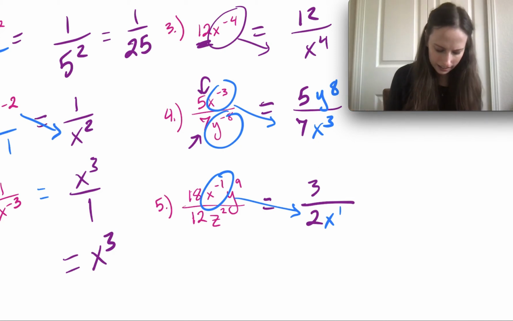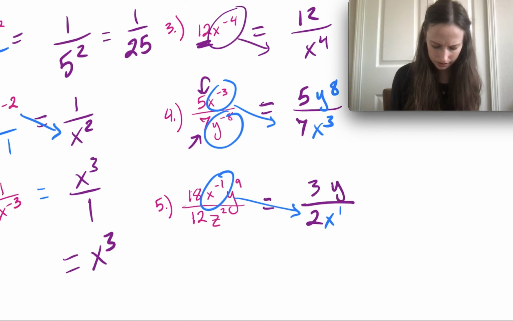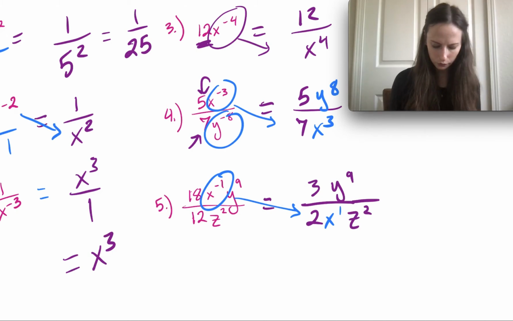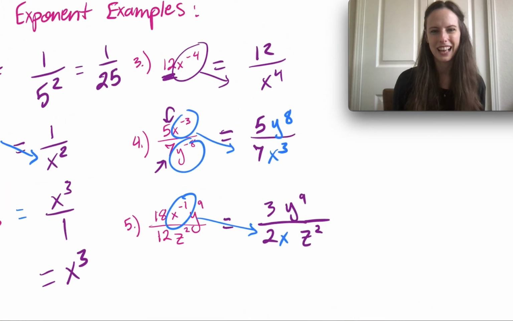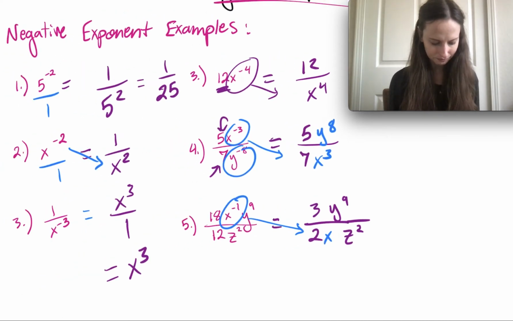But then the y and the z, those both have positive exponents, so those will just stay where they're at. So this would be our final answer, although normally we don't write exponents of 1, we just leave it as that invisible exponent of 1. So there are some common misconceptions that can help clear things up for you as you go through problems.